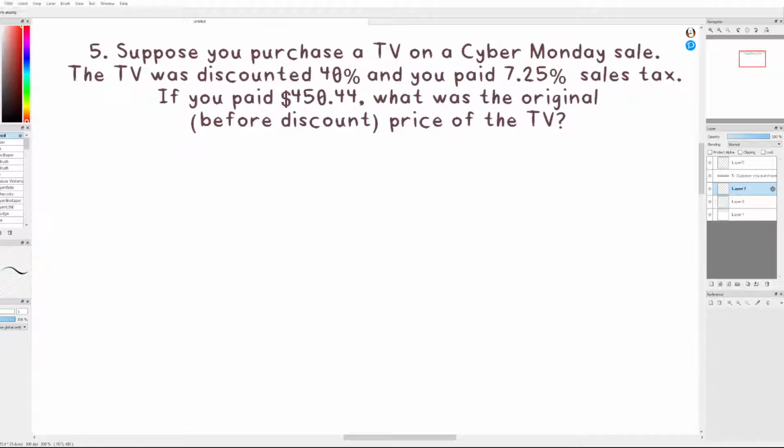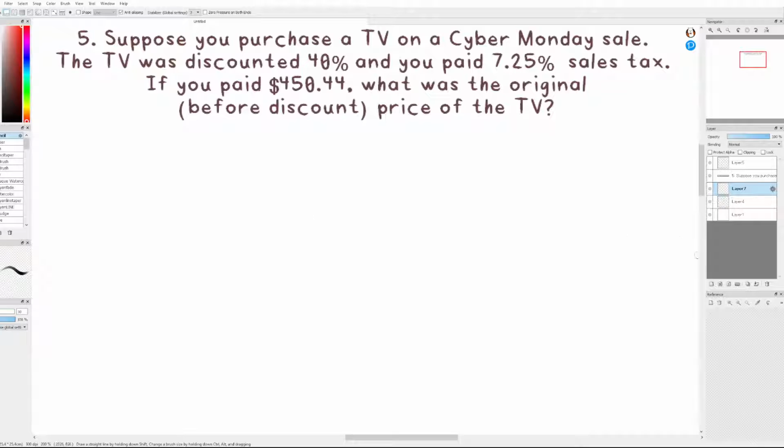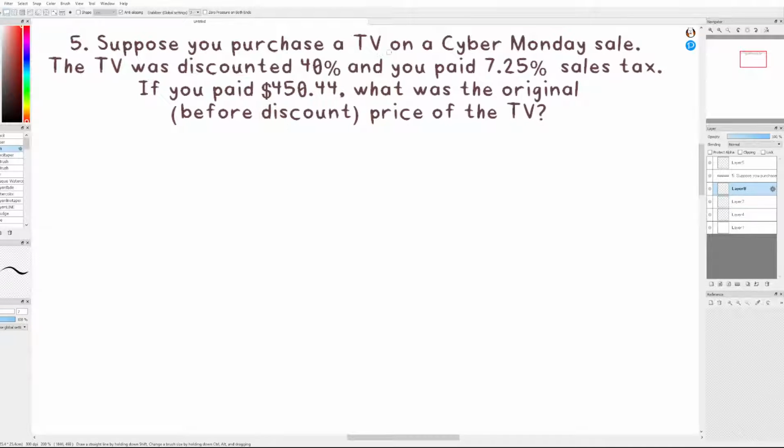Hi, today I'm going to talk about discounts and sales tax on items, how to find the original price of something that you only know the end price of. So in this problem, we have a TV. We purchased a TV on a Cyber Monday sale.